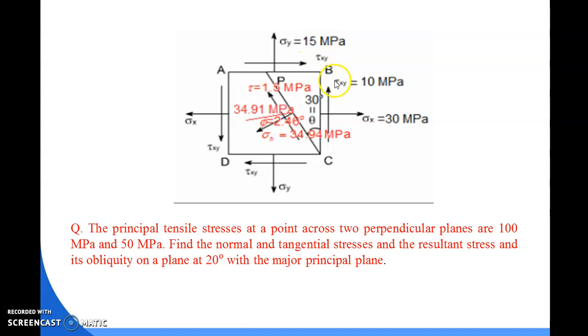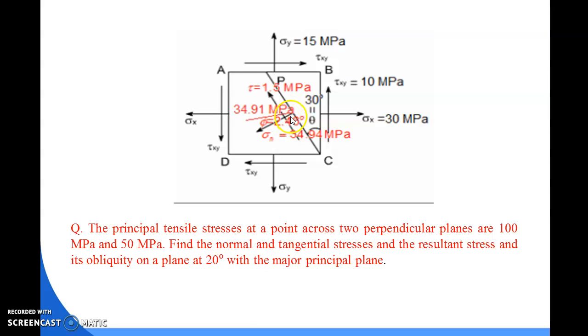After that, tau xy is represented here as 10 MPa, which is already given in your question. Now you have to draw the normal stress, tangential stress, resultant stress and angle of obliquity.